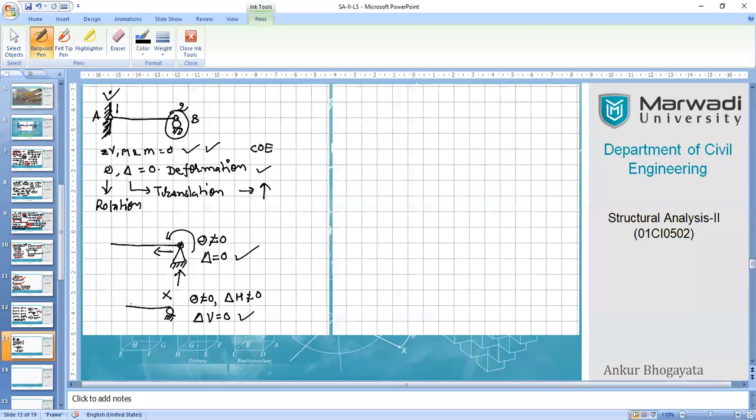But since we are dealing with the prop cantilever, it is well expected that on the far end you have a fixed joint only, right? So for a fixed joint, what are the deformation requirements? Just now we have discussed: rotation should be 0, as well as translation in horizontal or vertical direction, everything should be 0.